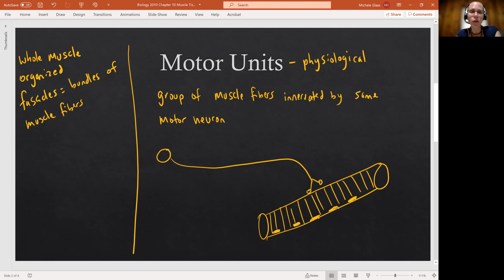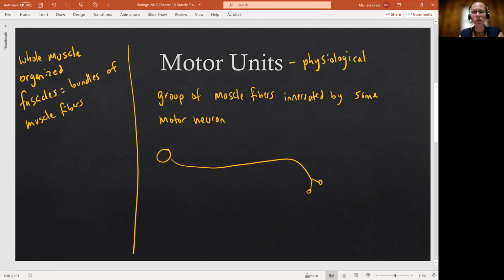And we sort of made it look like you had one neuron to one muscle fiber. And that's a simplification. So what we'll see is you have a single neuron, but it has branches to the axon, so that it can synapse on more than one muscle cell.